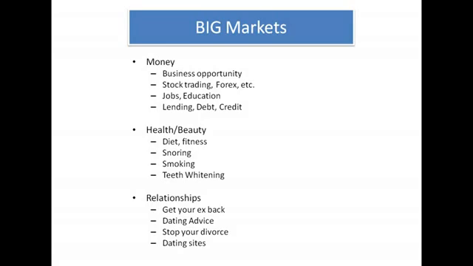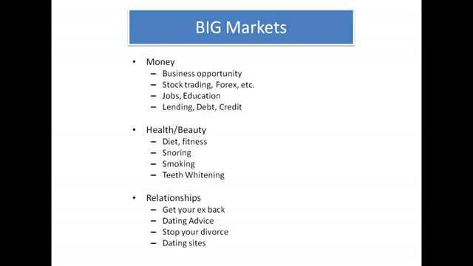Now, when I say money, there's all sorts of different offers that are related to money, and some that you may not immediately think of as money, but something like education is really tied to money as the motivating factor. Most people want an education because they're looking for a better job, a better position in life that's going to result in more money ultimately.